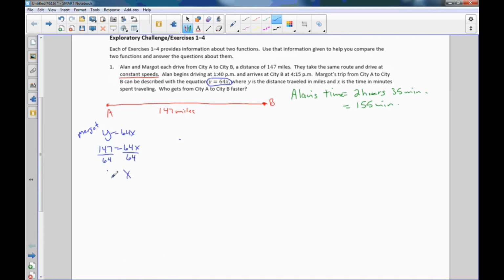So my x is going to equal 2.3 hours. Well, 2 hours is 120 minutes. And 0.3 hours would be 60 times 0.3, or 18 minutes. So that's 18 minutes on top of that. So that's going to be a total of 138 minutes.